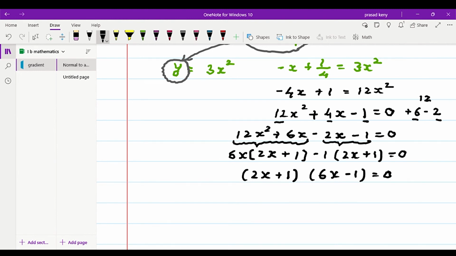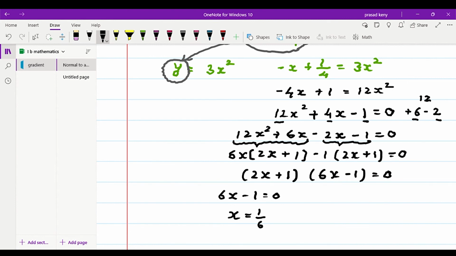So when I am equating 6x minus 1 to 0, I will get x is equal to 1 upon 6. And x is equal to 1 upon 6 is nothing but the x coordinate of point P, which we already have.